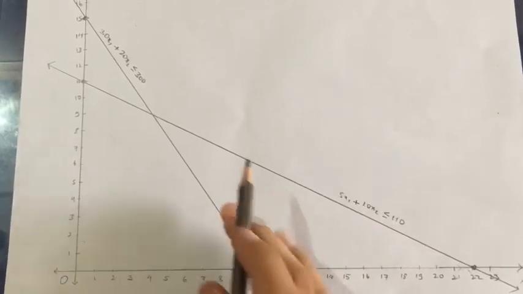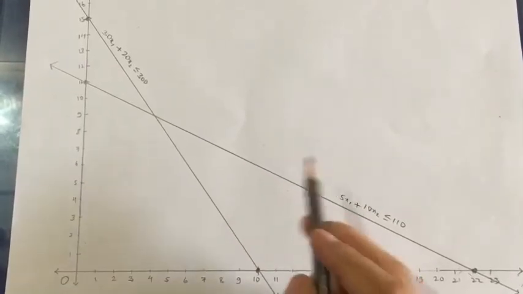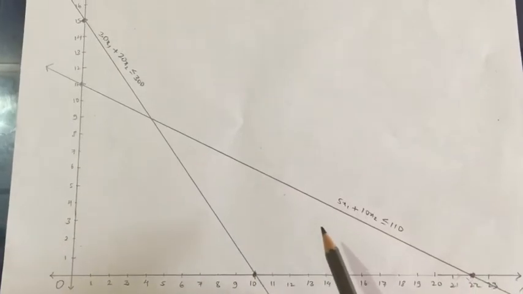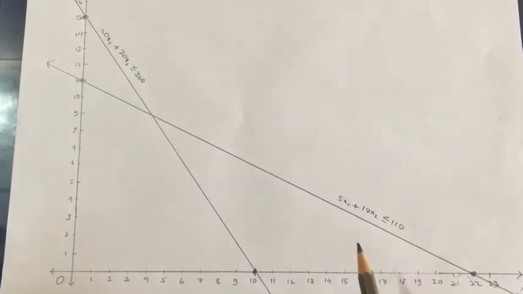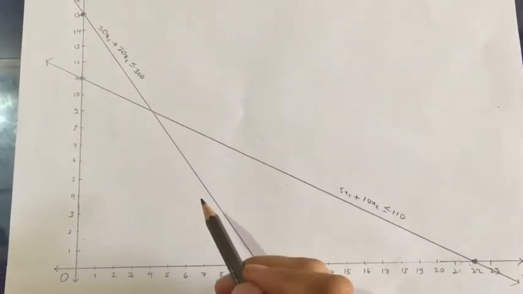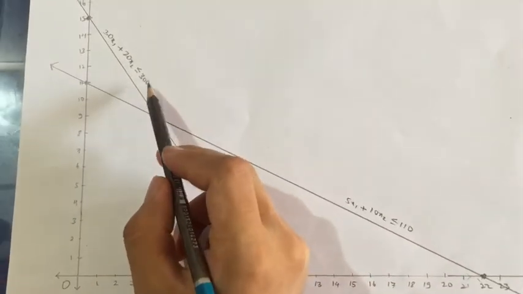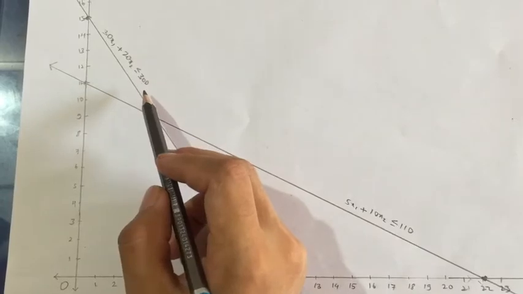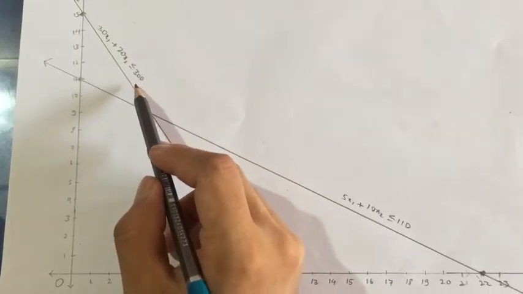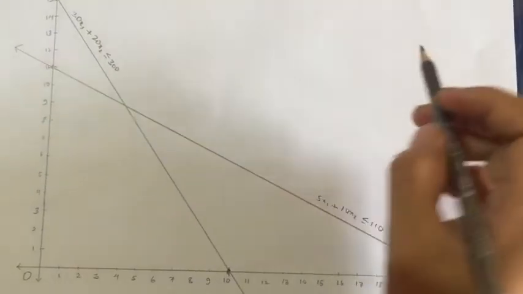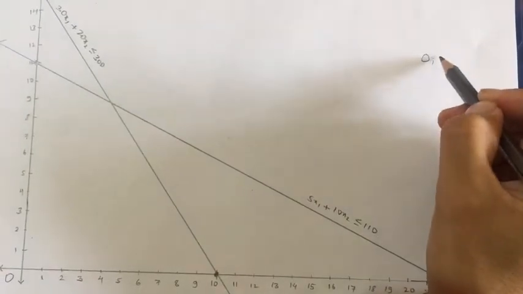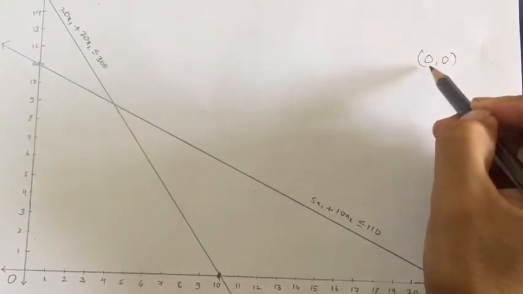Now we have to set the region. To set the region, we have to decide which side to shade. It is very easy to decide after looking at the inequality. If we check the first inequality, this is 30x1 plus 20x2 less than or equal to 300. We put 0, 0, which is the origin.